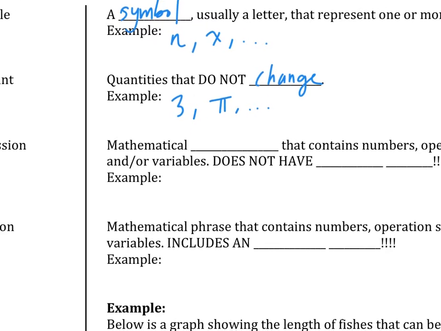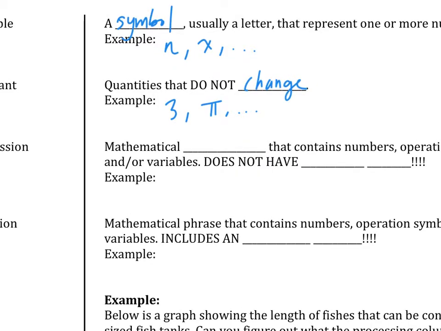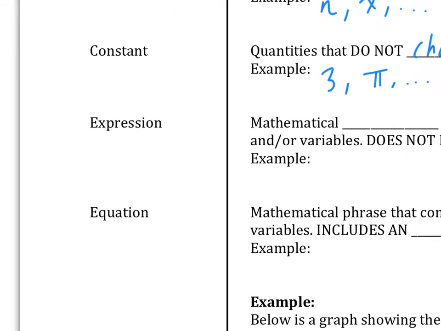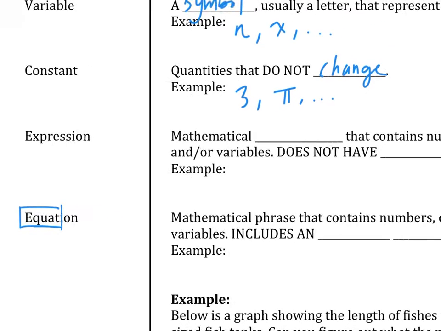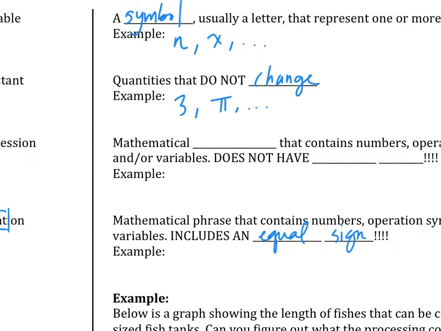Next, I know at this time you're probably not going to be confused, but I see this problem all the time. What's the difference between expression and equation? Which one has an equal sign? Equation. Yes. Equation has an equal sign because the word equal is in it, right? So equation has an equal sign and expression does not.